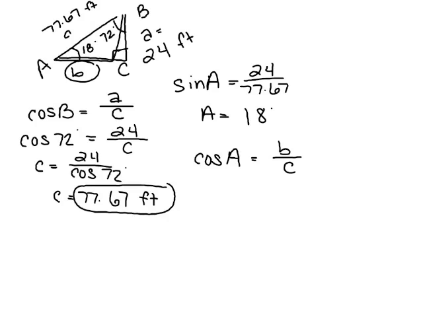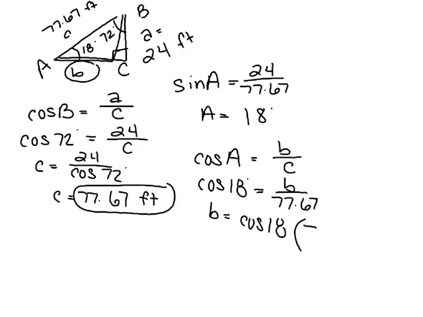So then fill in what I know. Cosine of 18 degrees is the adjacent side, which I'm solving for, over the hypotenuse. We'll do 77.67. Okay. So I need to get the little b alone, times both sides by 77.67. So my little b side equals the cosine of 18 times 77.67.